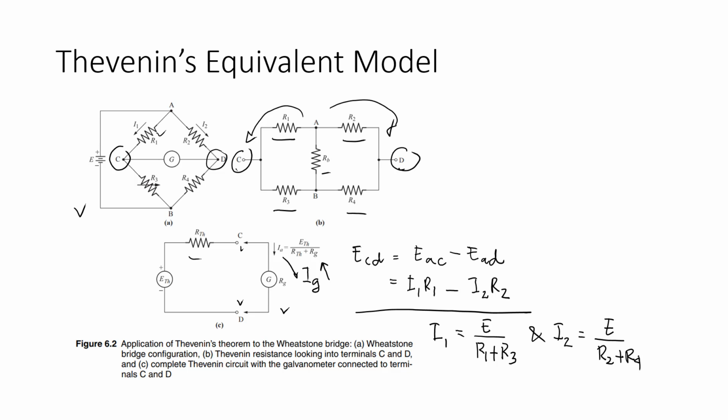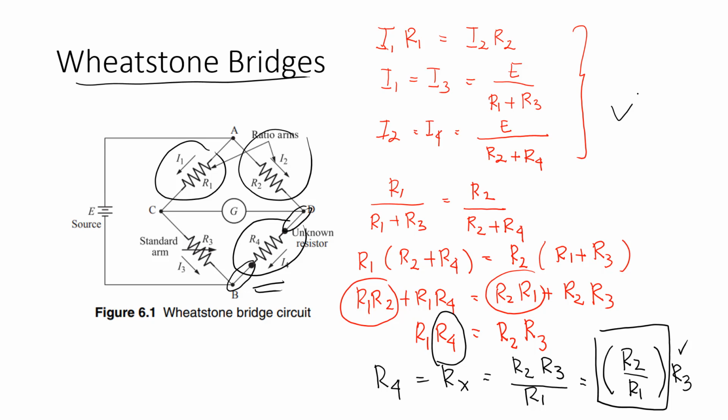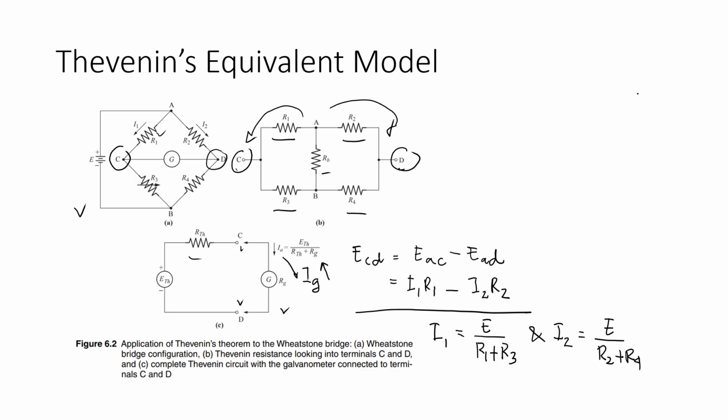We already drew the mathematics in the previous slide. So from this, we can get that E_CD is equal to E multiplied by R1 over R1 plus R3 minus R2 over R2 plus R4.